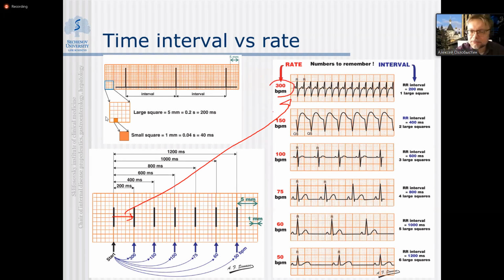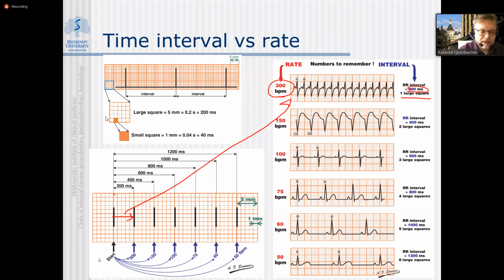300 beats per minute. So RR interval 200 milliseconds. 200 milliseconds is one large square, and it corresponds to 300 beats per minute in a patient. Again, another large square, another 5 millimeters in the recording.